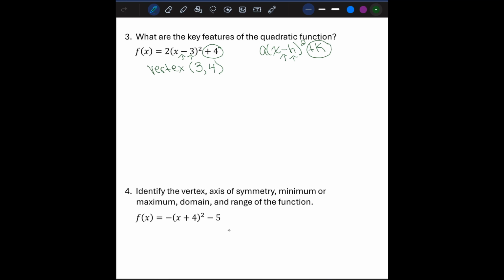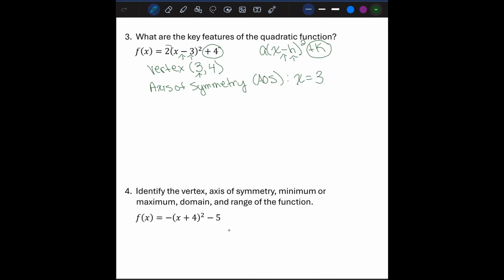I also know that my axis of symmetry, which I'm going to abbreviate as the AOS, is a line, it's x equals the x value of my vertex. So x equals 3. So I have my vertex and I have my axis of symmetry.